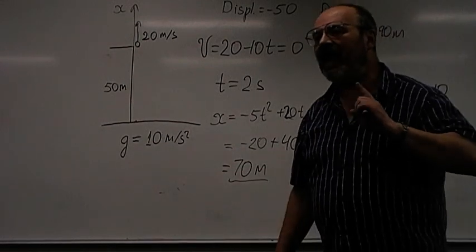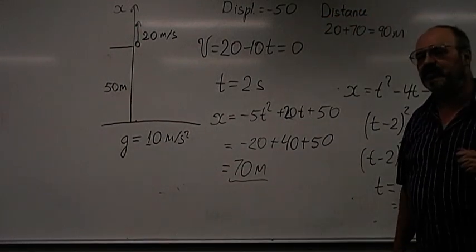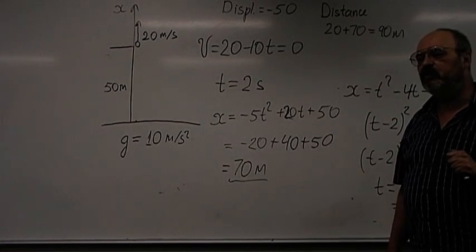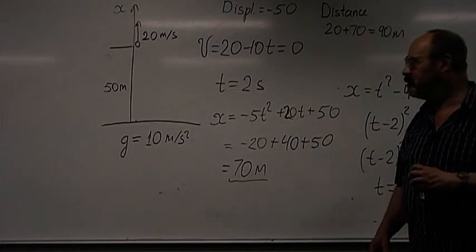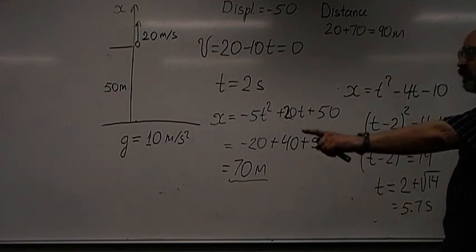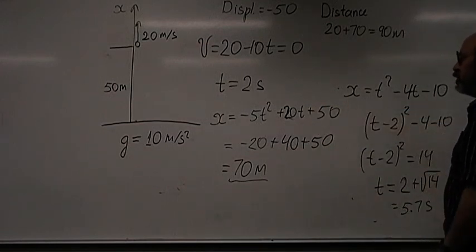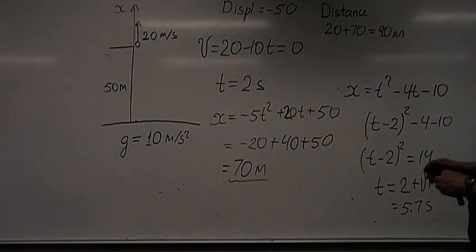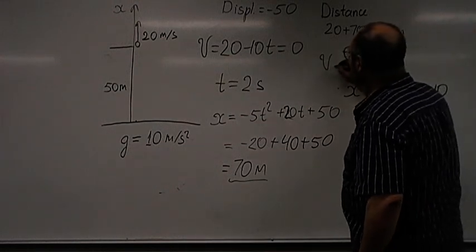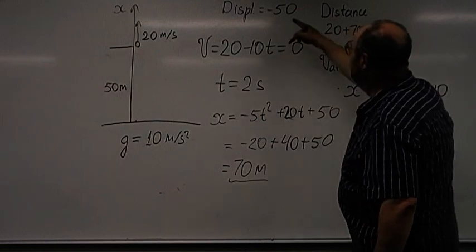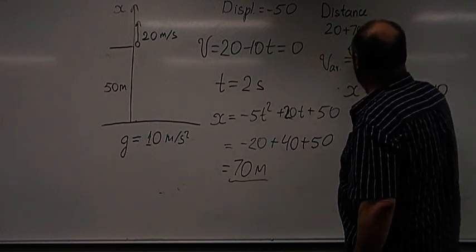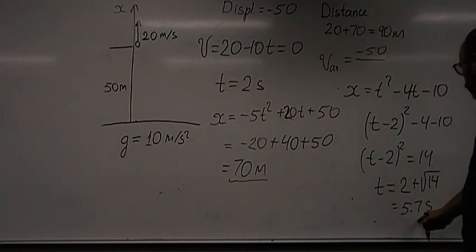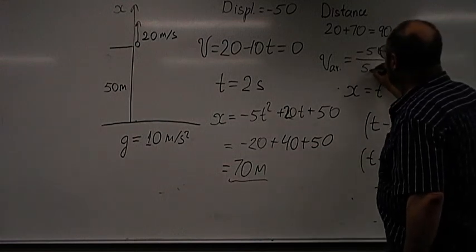What will be its average velocity? How do we find average velocity? The gradient gives us the instantaneous rate of change. Average velocity is displacement over time. So average velocity equals displacement, negative 50, divided by the total time, 5.7.